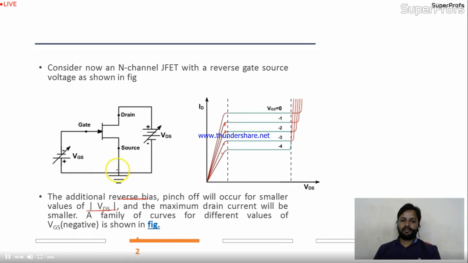See, the family of curves is given over here. You can see your VP is going to decrease as you apply VGS. At some point when VGS equals exactly VP, there will be zero current, a total cutoff of the circuit.